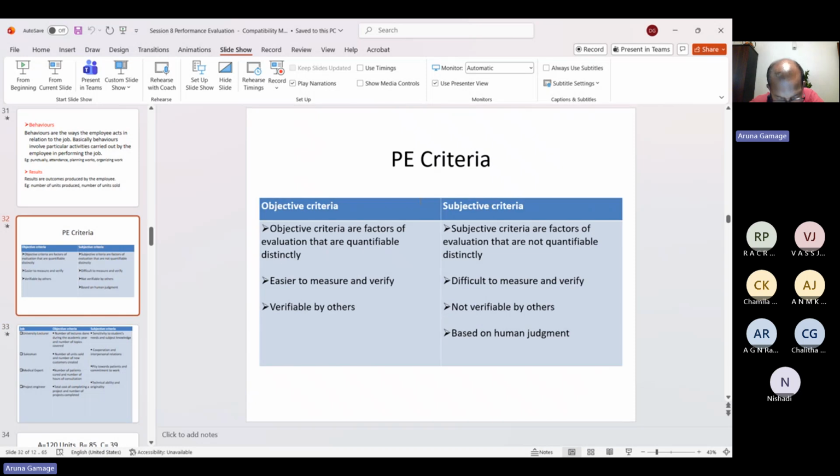So for example, in case of a university lecturer, can anybody suggest to me one objective criteria that can be used to measure the level of performance of a university lecturer, an academic?